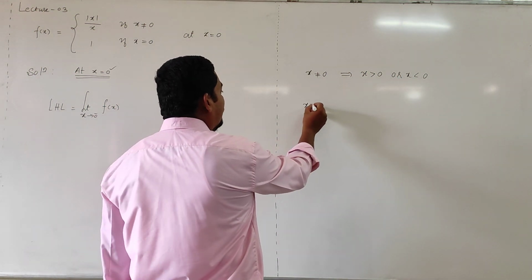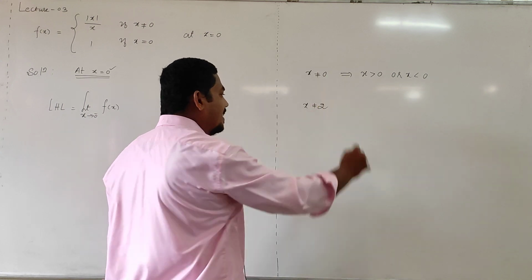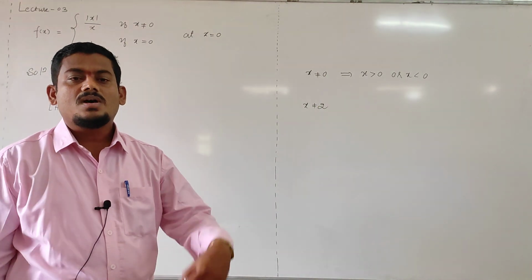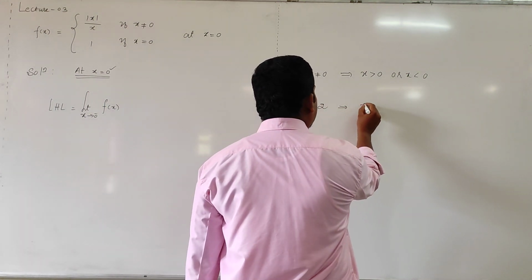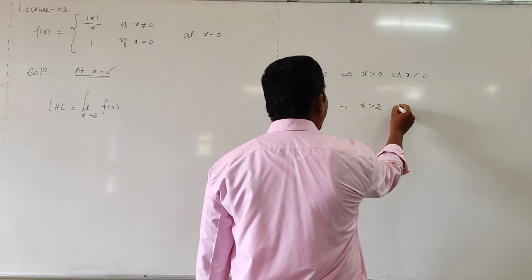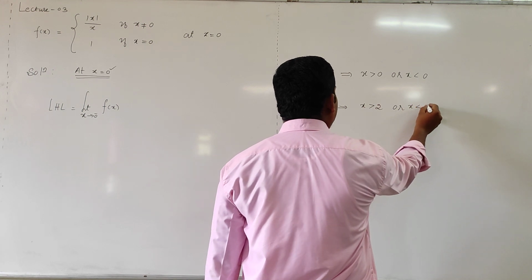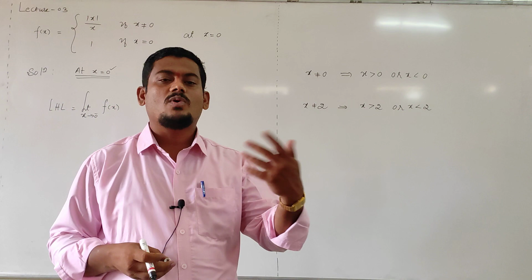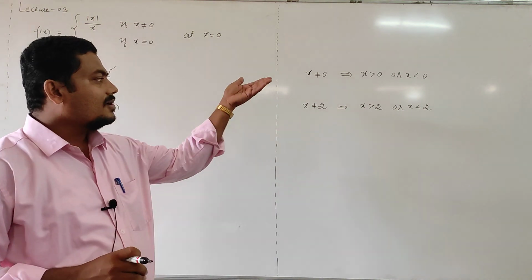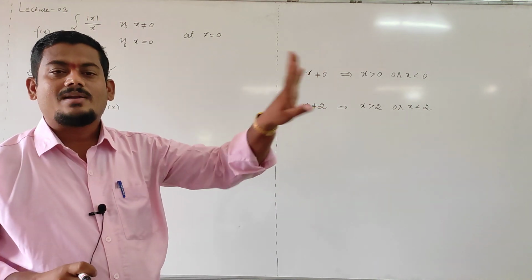If I write x not equal to 2, what is the meaning of x not equal to 2? It means x value may be more than 2 or less than 2. Not equal to 0 means it may be less than 0 or more than 0.